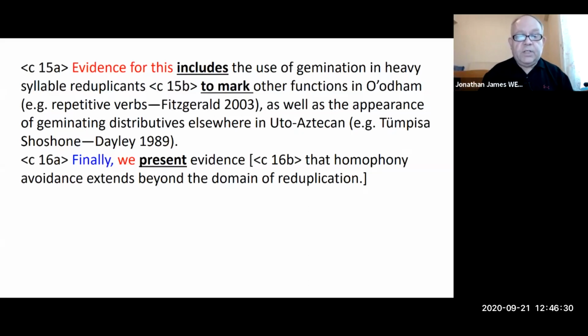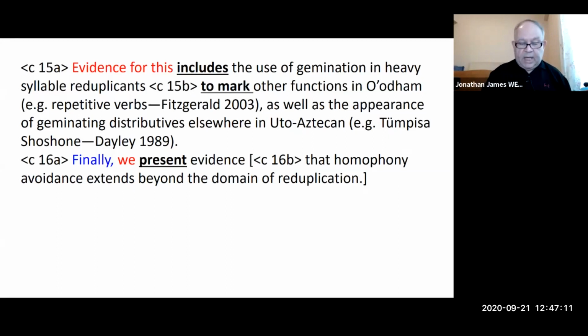Evidence for this grammatical subject includes, straightforward, 15b, to mark, all right, again, the to infinitive, purpose. Finally, textual theme, because it's indicating where it comes in the text itself, all right? Finally, we, grammatical subject, theme, present evidence. 16b, what kind of evidence? That homophony avoidance extends beyond the domain of reduplication. What kind of evidence?